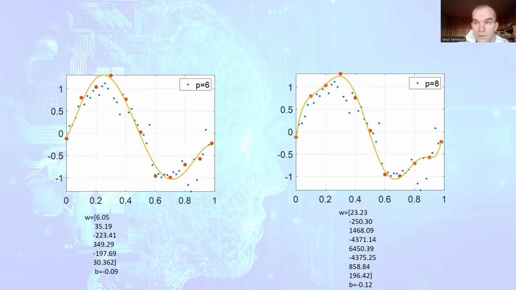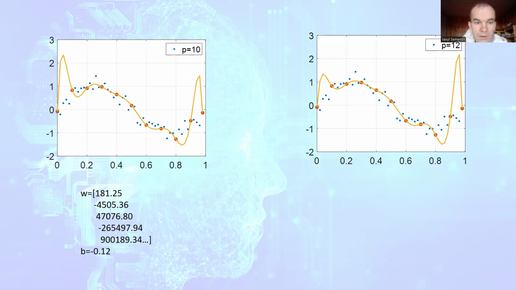And this tendency is going on. For example, for the orders of polynomial of 6 and 8, you can see that approximation and error, correspondingly training and testing error, become lower, but the coefficients start to grow quite significantly.